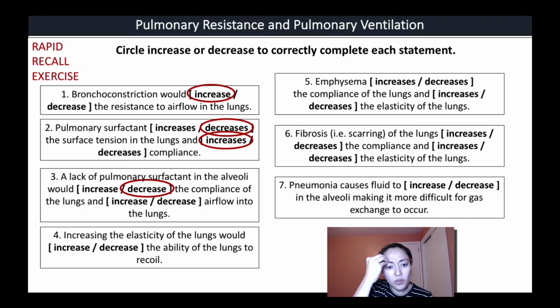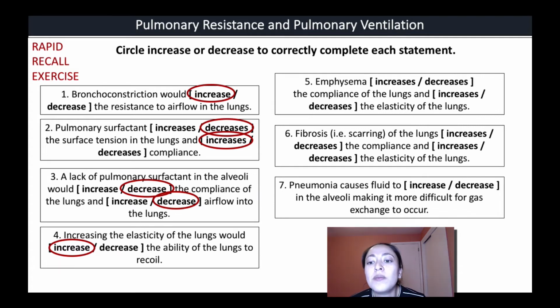And what would a lack of pulmonary surfactant do to the airflow in the lungs? It would decrease it. Increasing the elasticity of the lungs would blank the ability of the lungs to recoil. So if you increase the elasticity of something, well, it's going to recoil easier. So it would increase the ability of the lungs to recoil.